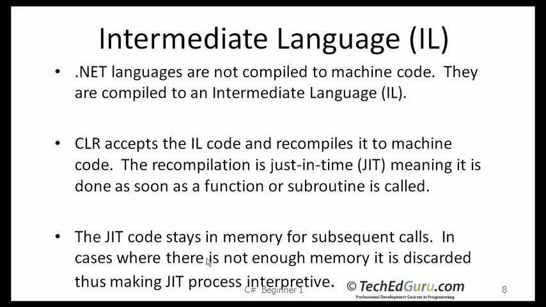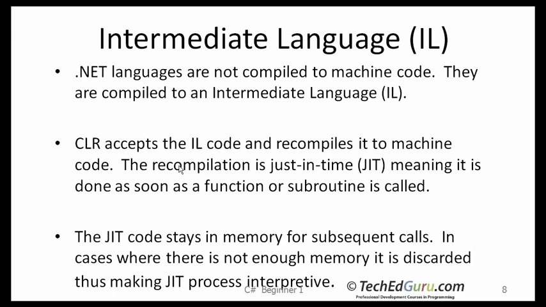So what is intermediate language or IL? The .NET languages are not compiled to machine code directly as they would be like in a programming language like C using C compiler. They are compiled to an intermediate language code. The CLR then accepts the IL code and recompiles it to machine code.